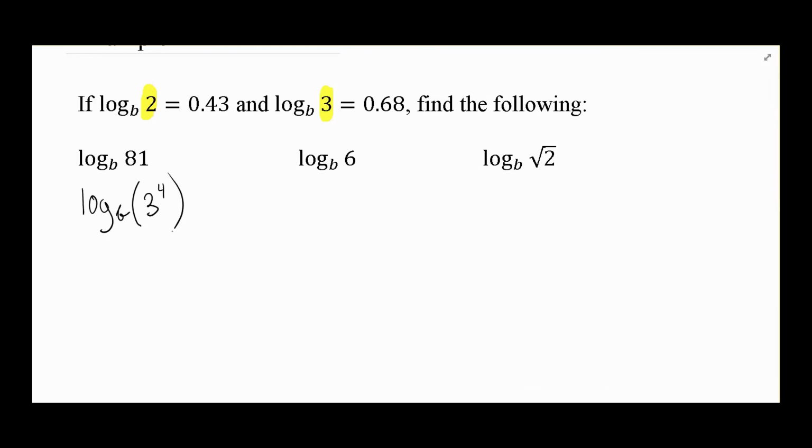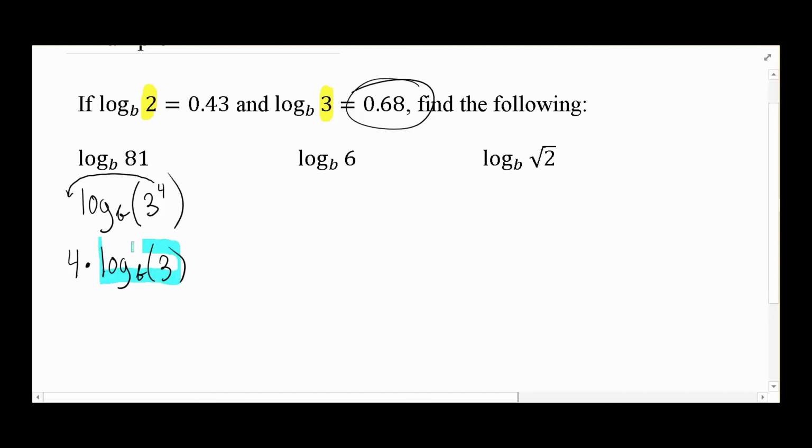Step 2 is to use the property of logs that applies. I cannot plug in this value yet because I don't have log base b of 3. I still have log base b of 81. But if I use that property of logs that says, go ahead and put that exponent in front as a coefficient, now all of a sudden, I have log base b of 3 right here. I know that log base b of 3 means the same thing as 0.68.